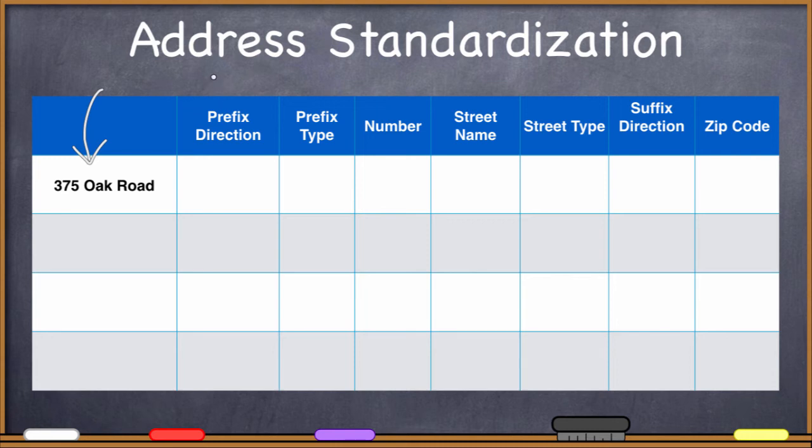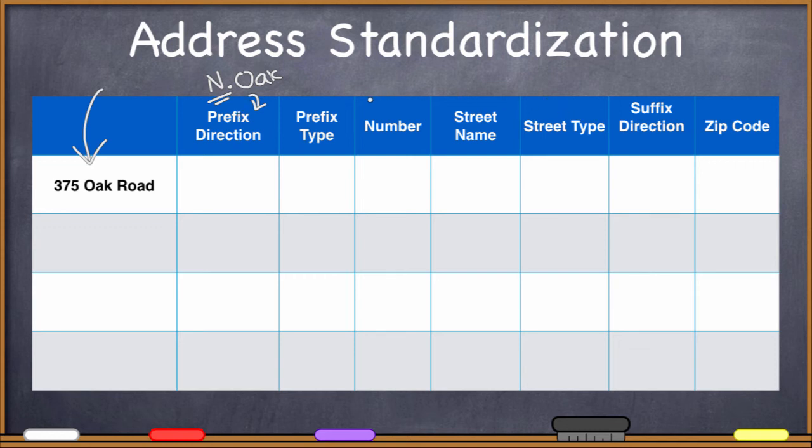So, I gave you the example of maybe there is a North Oak Road or North Oak Street. Maybe there's also South Oak Road. So this N would be a prefix direction.